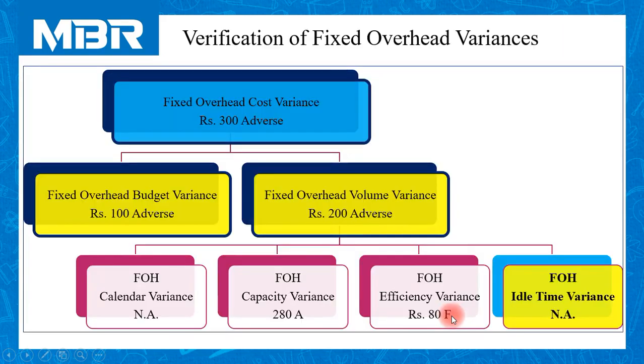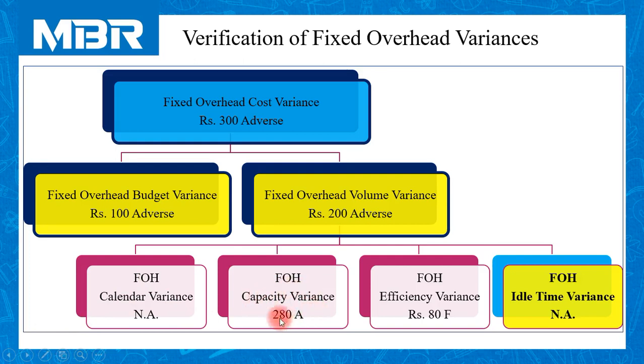Now, after calculation of all fixed overhead variances, we can easily verify all variances. Fixed overhead cost variance ₹300 adverse, budget ₹100 adverse, so naturally volume is ₹200 adverse. Now fixed overhead volume variance is again classified into 4 parts, because volume variance is a combination of 4 different variances. Calendar, not applicable as the information of days is not given.